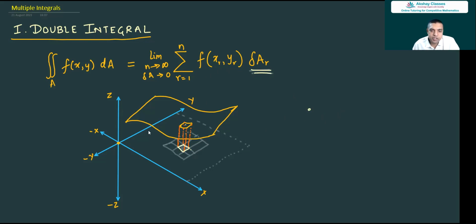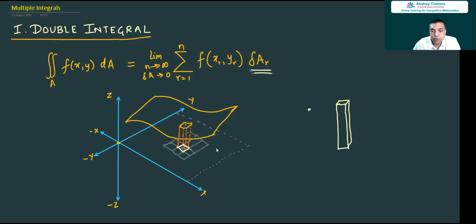So the function value at that point multiplied by that area gives us the volume of this. So we approximate it to a parallelepiped.